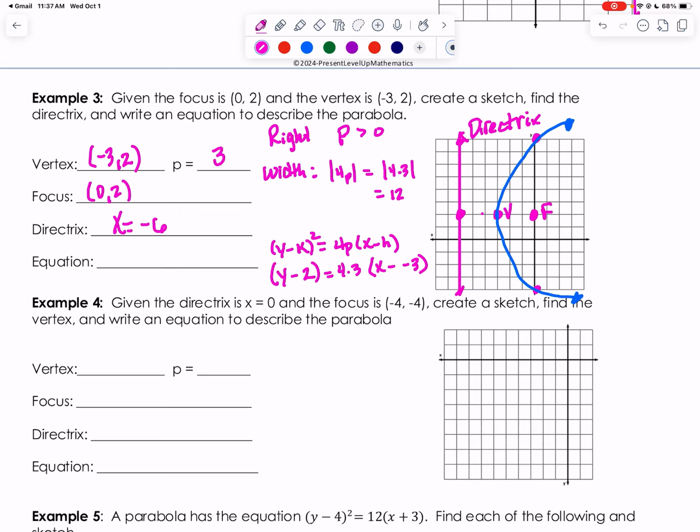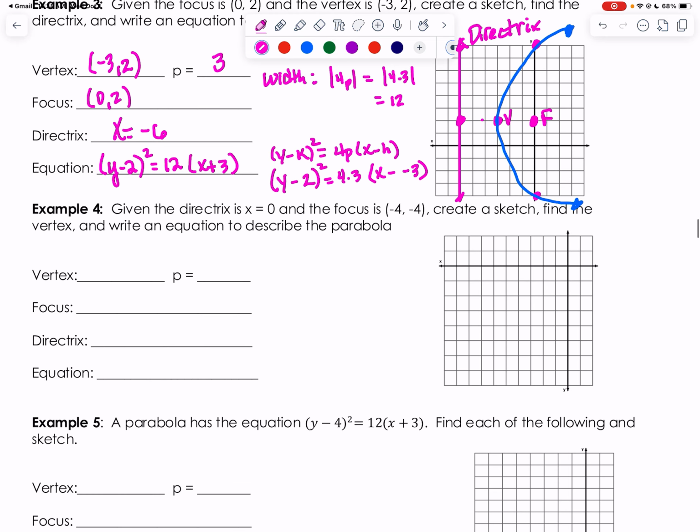All right, so when we simplify this, we have y minus 2, quantity squared, equals 12, parenthesis x plus 3. Okay, so there's our equation.